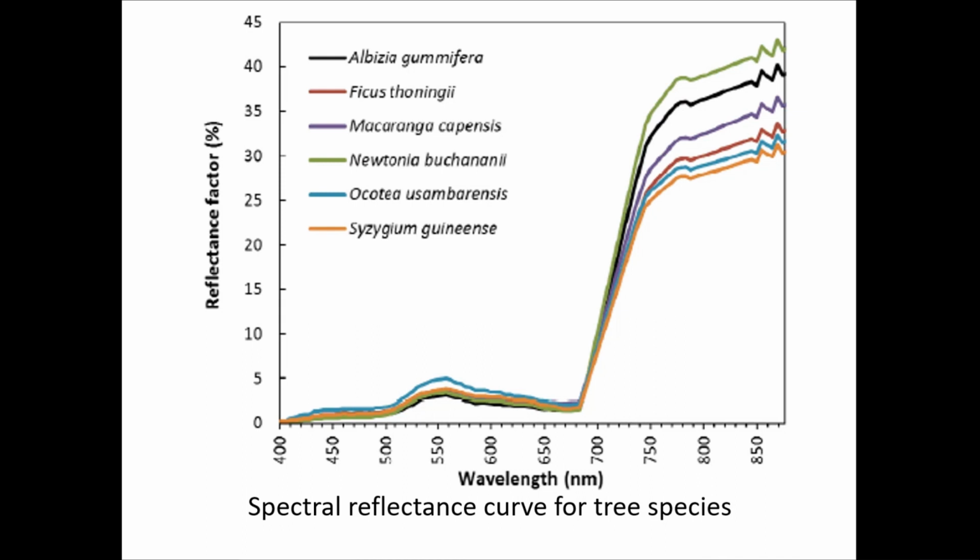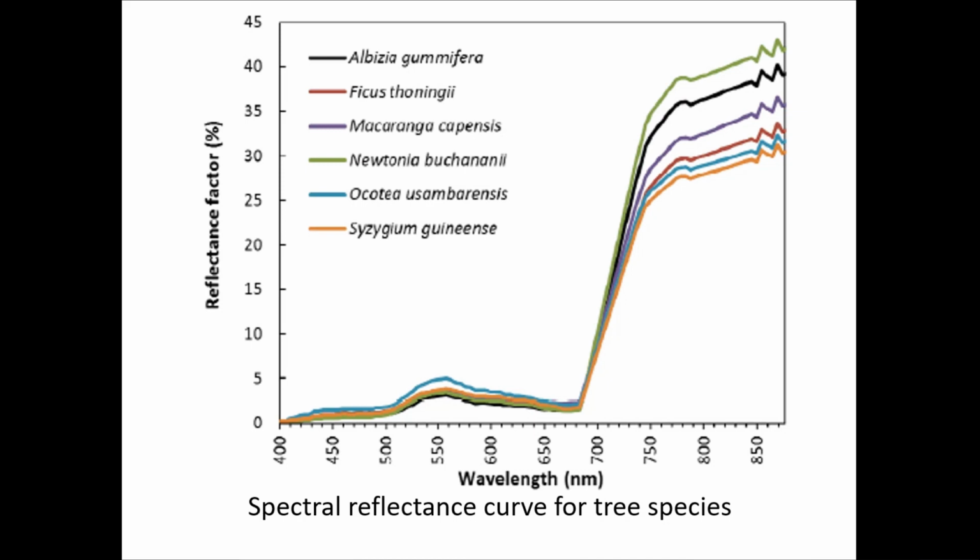So almost all these plants will appear green. If you take a photo with a normal camera that senses electromagnetic radiation in the 400 to 700 range, blue, green and red, that might not be enough to distinguish each of these plant species.